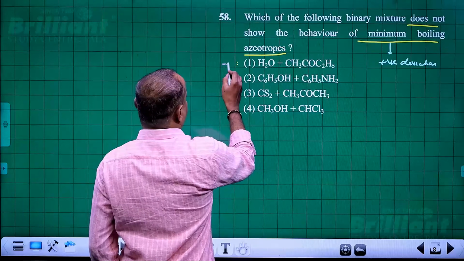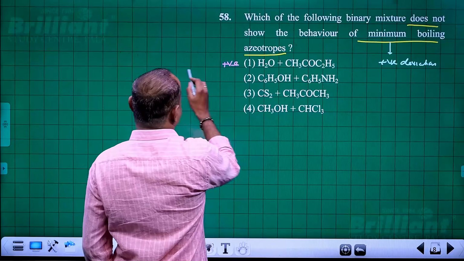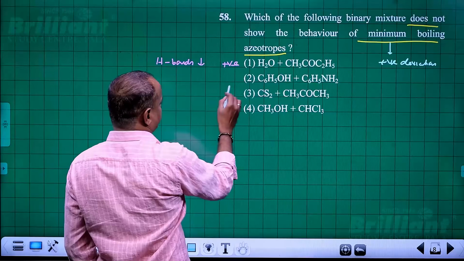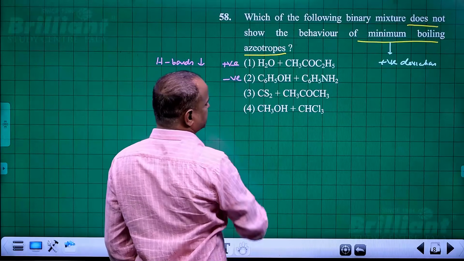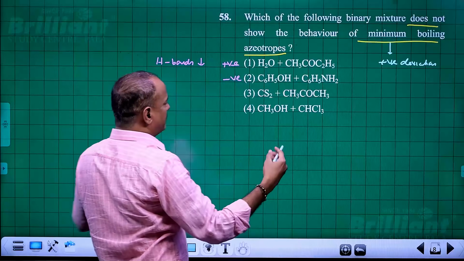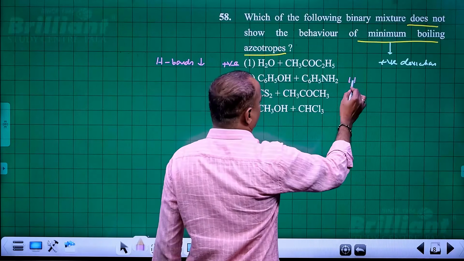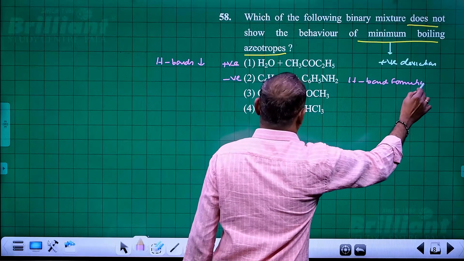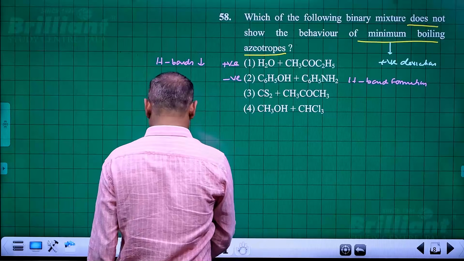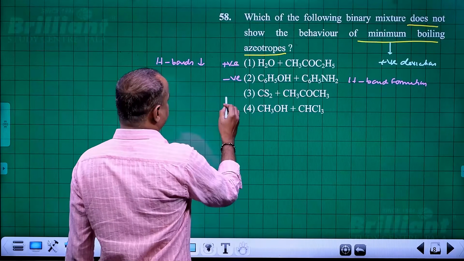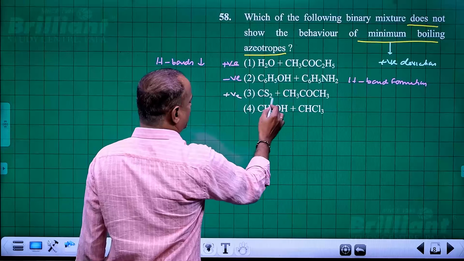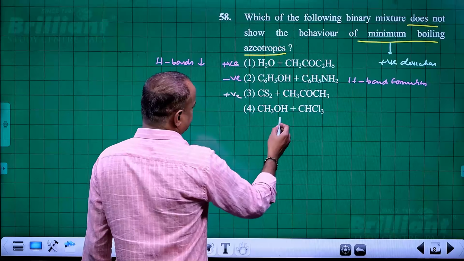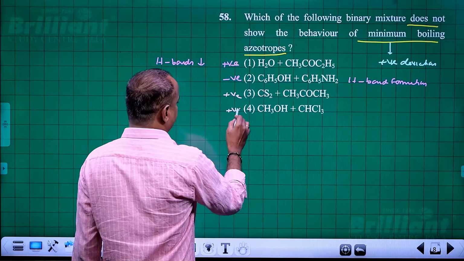The first one is positive deviation because iodine bonds decrease. The second one is negative deviation due to hydrogen bond formation. Third one, positive deviation, because for polar and non-polar mixtures the net force of attraction decreases. This is all the same, positive.